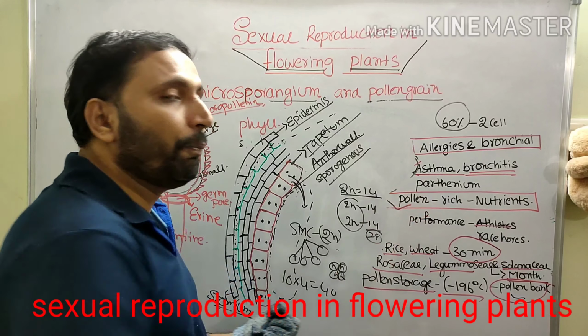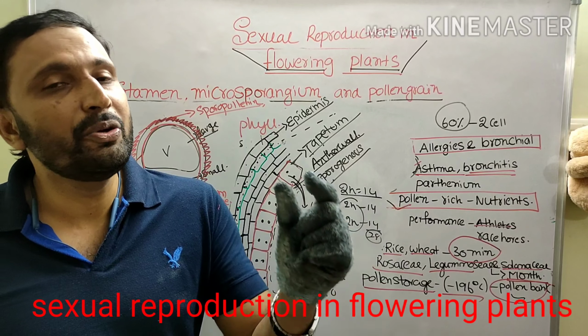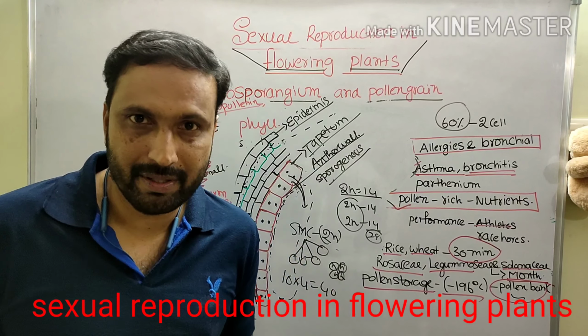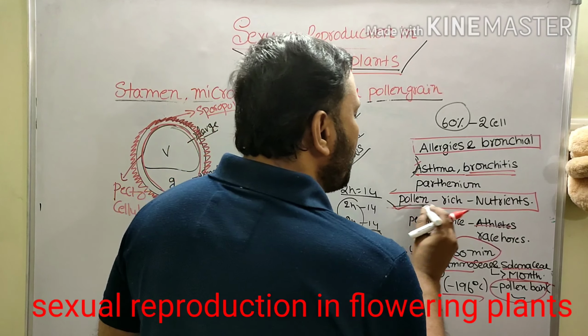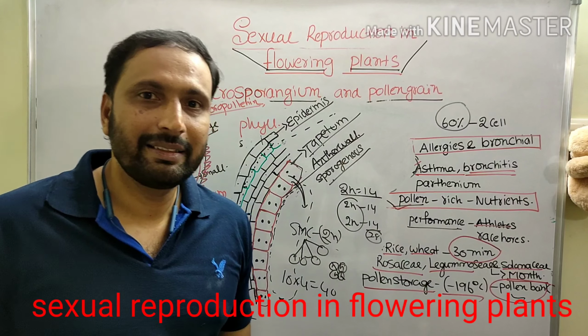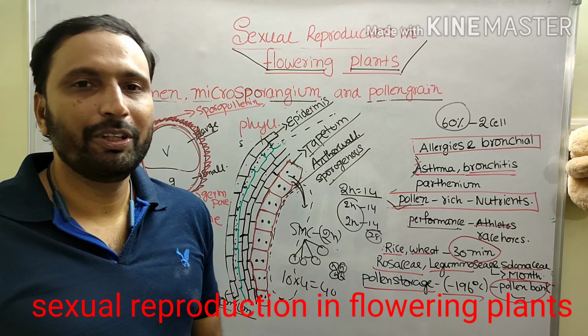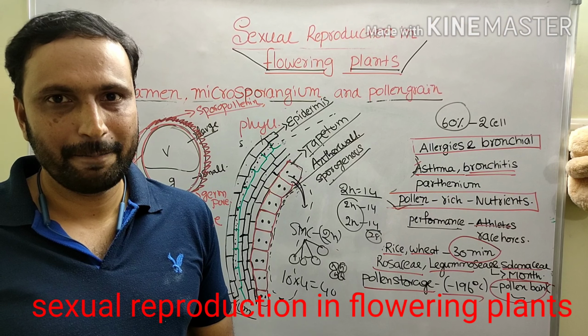That is why pollen grains are now available in the form of tablets, and the nutrients are also extracted in the form of syrups. So the performance of athletes and race horses increases because of these pollen tablets and syrups.